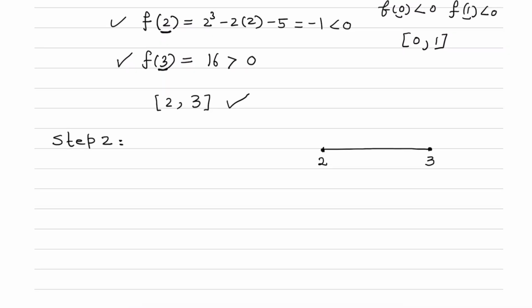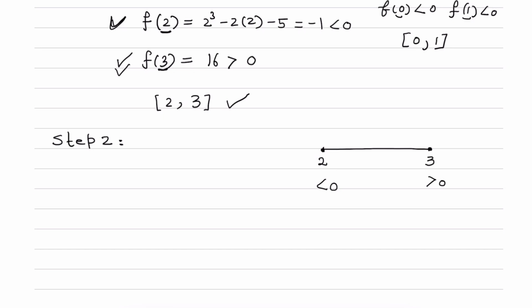The value of the function at 2 is minus 1, which is negative, so I'm putting a sign here. Please know that I'm not saying that 2 is negative, I'm saying that f of 2 is negative. And f of 3 is 16, so f of 3 is positive.